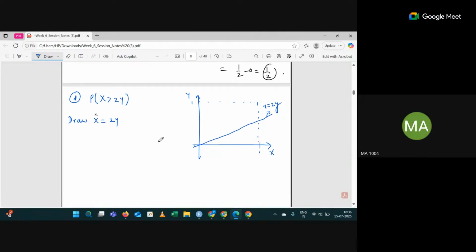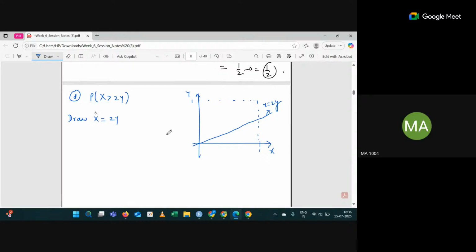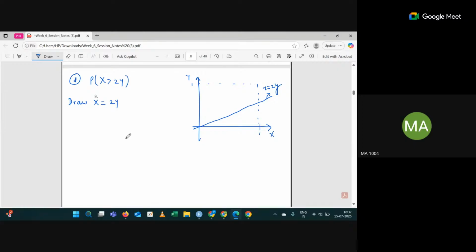Now, let's do it in reverse order. So first I will start with the limit of y. If I want to calculate the limit of y, what should be my first approach?